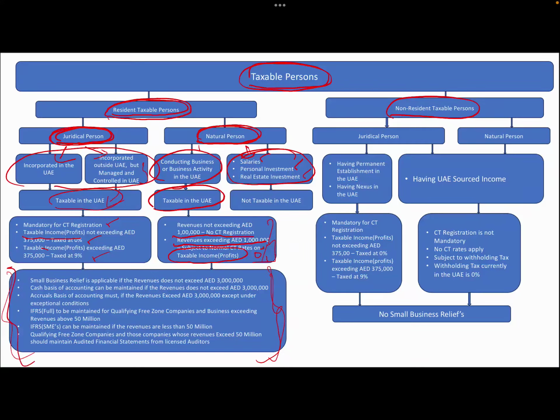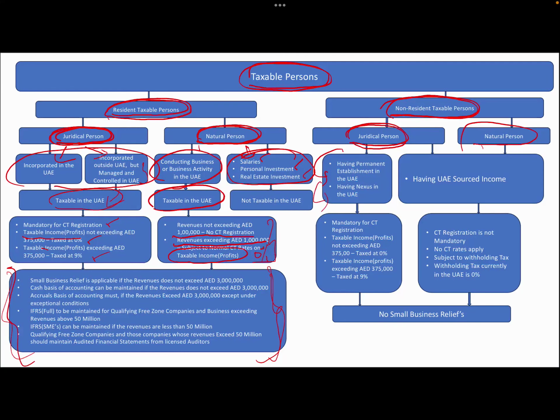Now coming to the non-resident taxable person. Again, there are two kinds. One is a juridical person, another one is a natural person. When I talk about the juridical person, mostly they'll be having a permanent establishment, which may be branches or office or factory, which I talked about in a previous slide. Second one is a nexus.